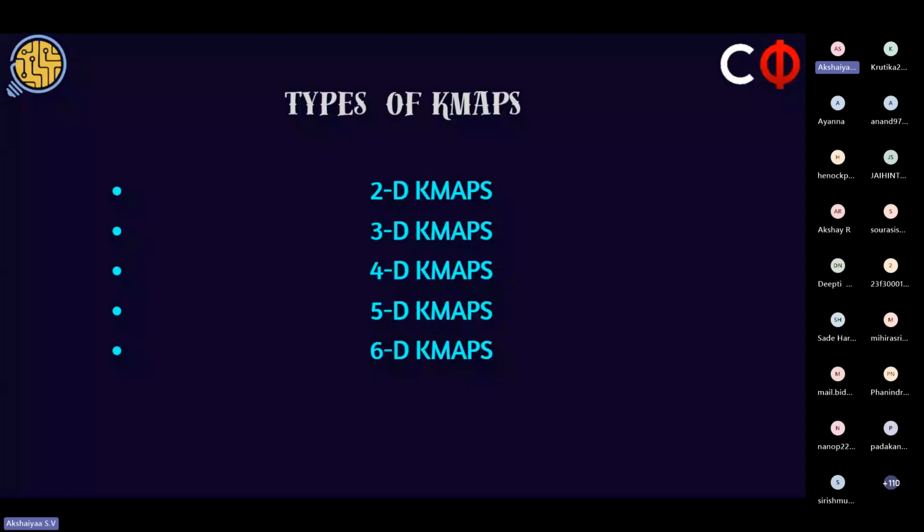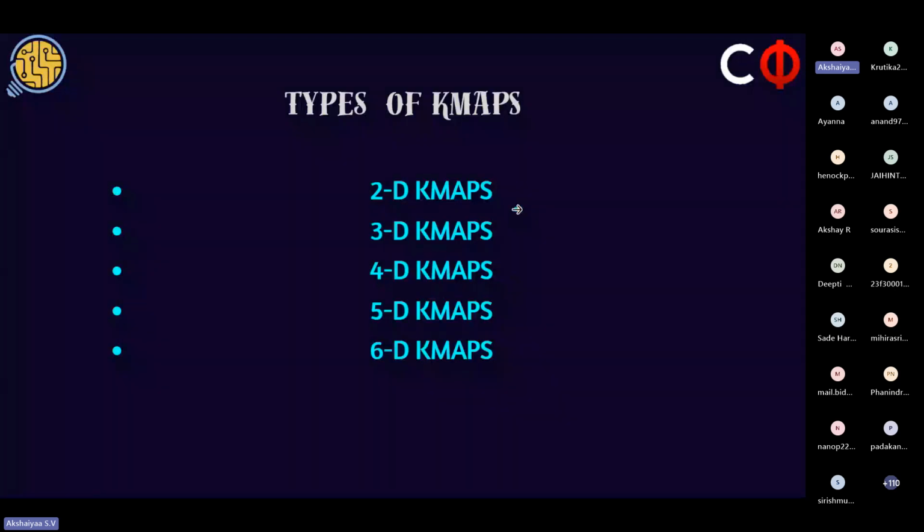So for 2D K-maps, you're going to have two variables, and each of these two variables can accept two values, zeros and ones. So how many terms are we going to be dealing with? Four terms. This is how a 2D K-map looks.